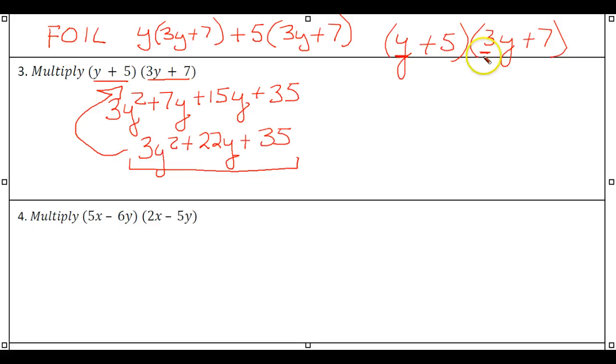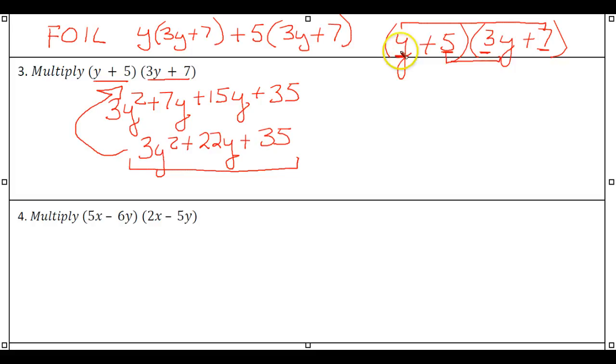The O stands for the outers, which are these. The I for the inners, which are these. And the L is for the last, which are these. So in a sense, we're repeating this pattern, but in a little different procedure. And this is going to be critical to be able to undo this.